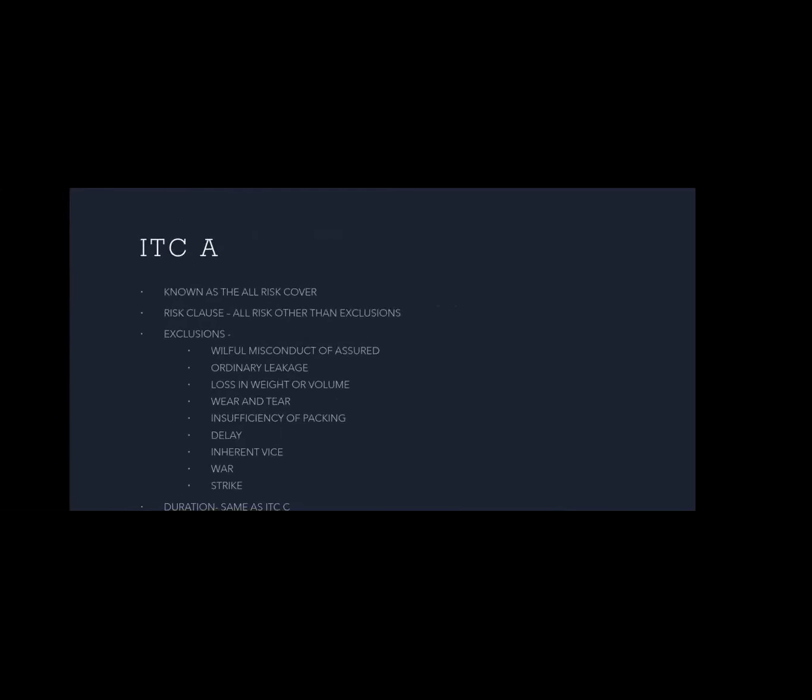Now ITC-A. ITC-A is known as an all risk cover. It is an all risk cover other than exclusions. So we have to pay particular attention to the exclusions which are given in ITC-A. Just like we are paying attention to what is covered in ITC-B, we have to pay special attention to what is excluded in ITC-A.